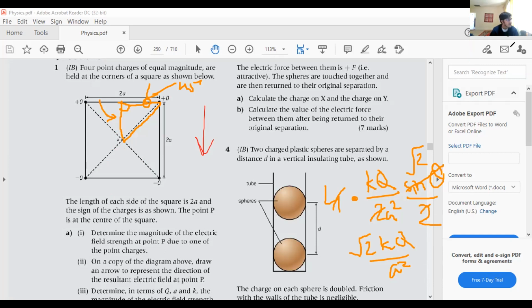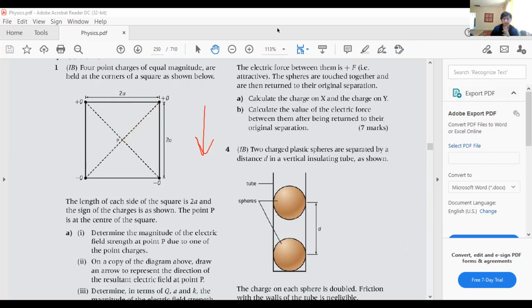That makes sense, right? Yes, the electric field total is root 2 KQ over a squared. Okay, good. These are good problems because they're directly from IB exams, I think, from some of the years.